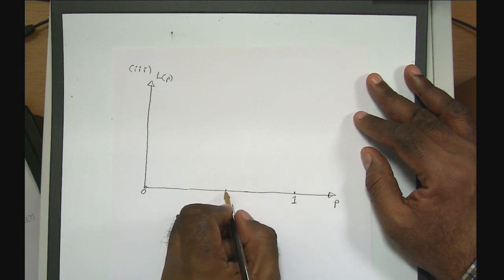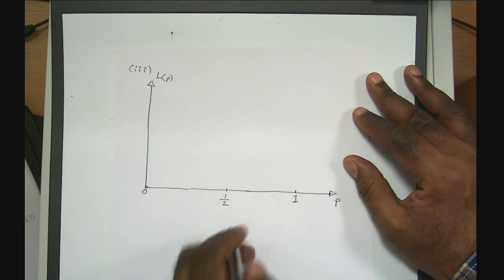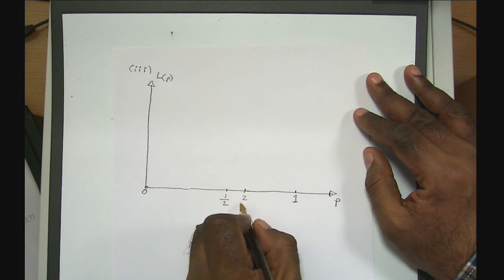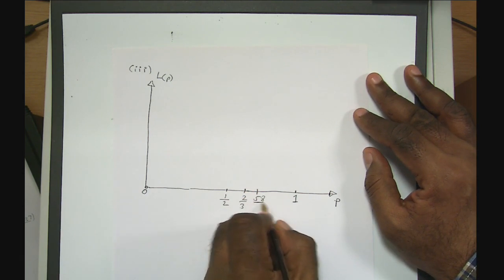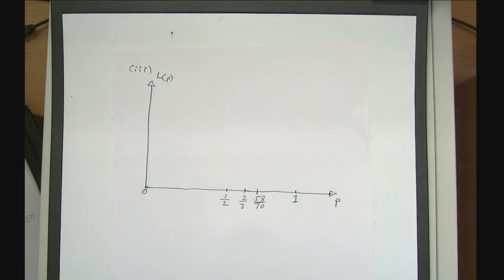Then the half is around here somewhere, and 2/3 will be here, and 58 by 70 could be here somewhere. Now how do you think the graph will look?